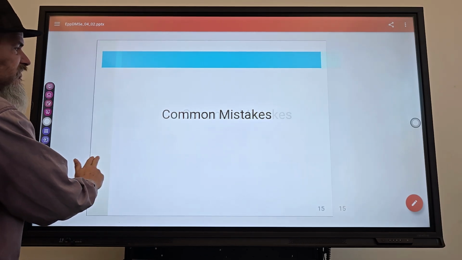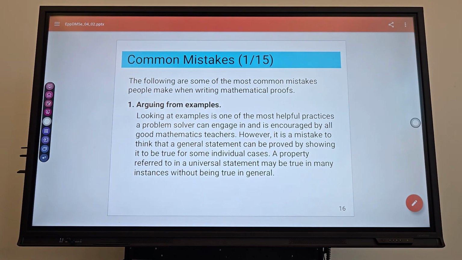Common mistakes. Following are some of the most common mistakes people make when writing mathematical proofs. Arguing from examples. Looking at examples is one of the most helpful practices that problem solvers can engage in, and is encouraged by all good mathematics teachers.